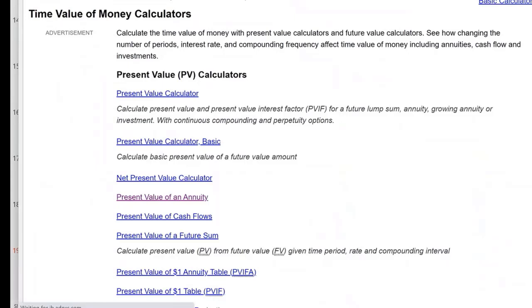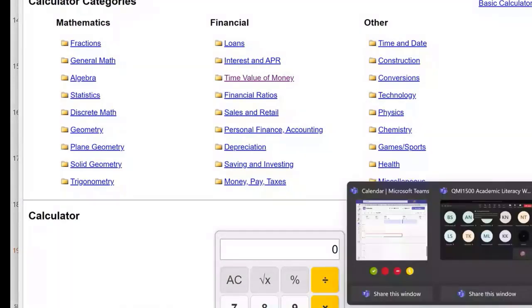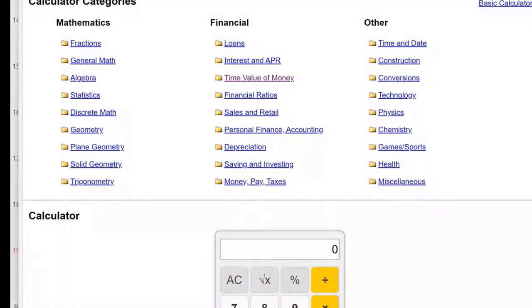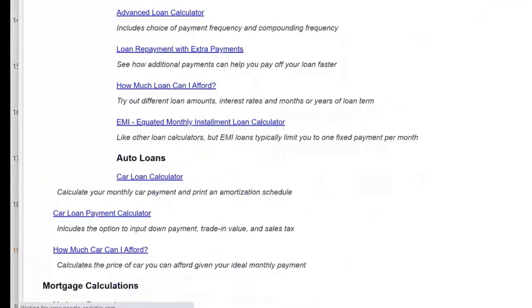Can you see my screen, guys? Yes, ma'am. Okay. So you double click on Calculator Soup, on loans. Then when you go on loans, you go to mortgage payment.